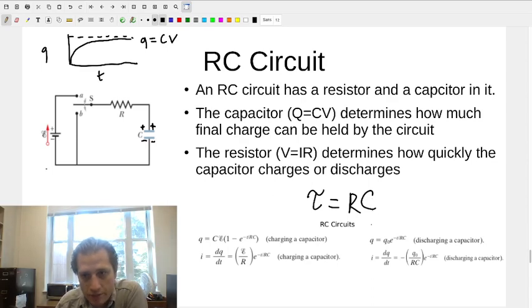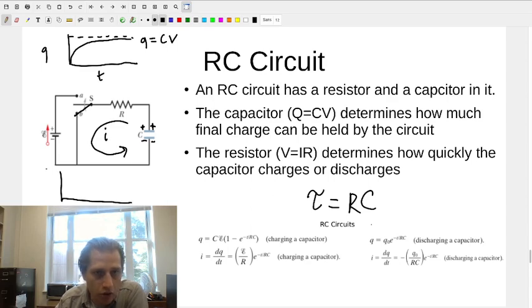So that's the charging circuit. T equals R times C also governs the dynamics of the discharging circuit. So if this is charged up and then I close this switch, then I would get a current going the other way, and my charge on my capacitor would begin to drop like this and go down to 0.